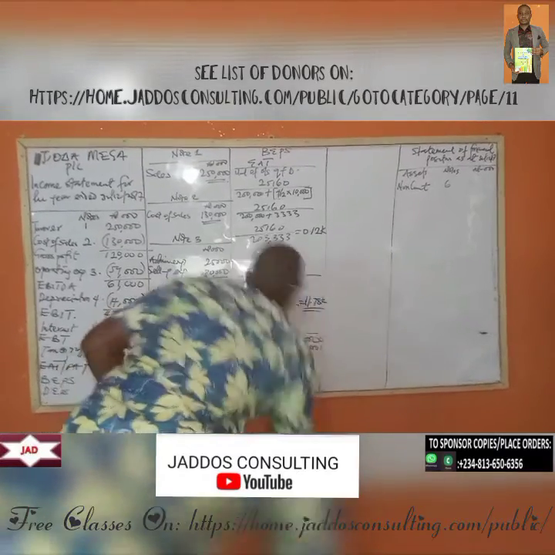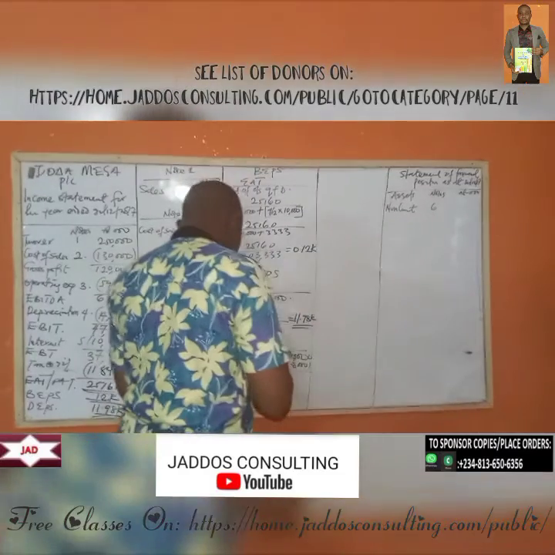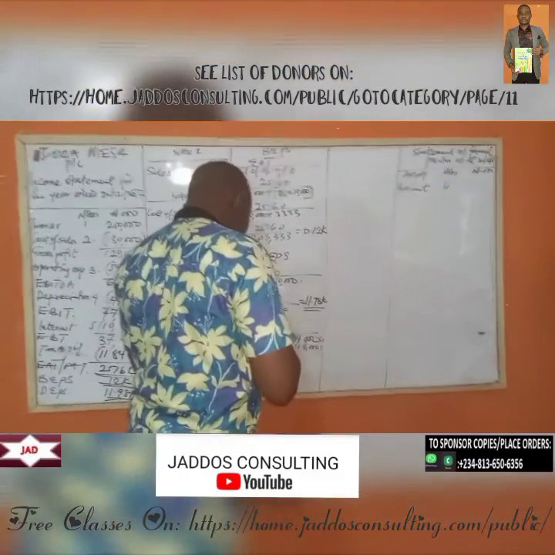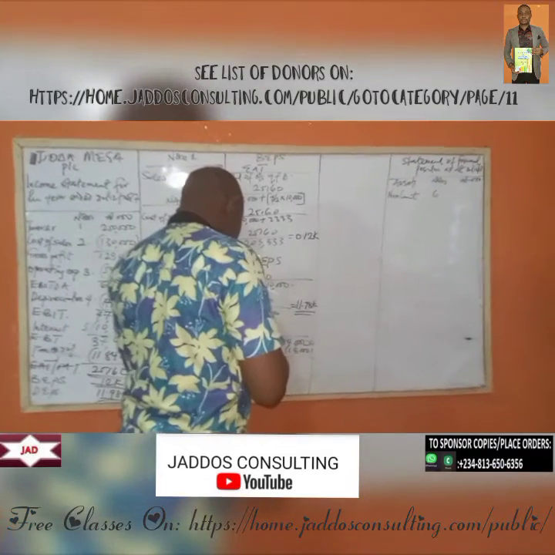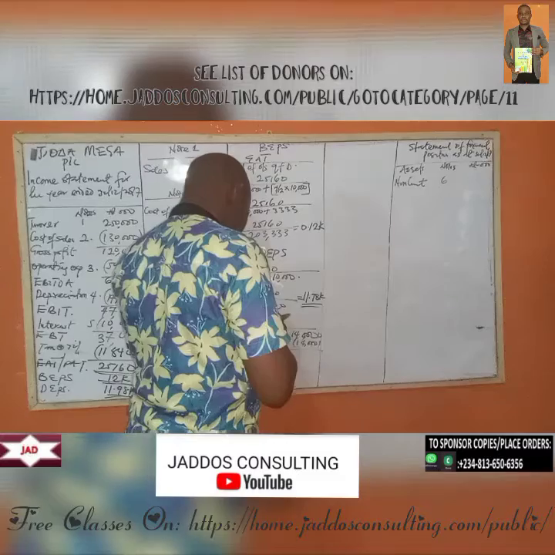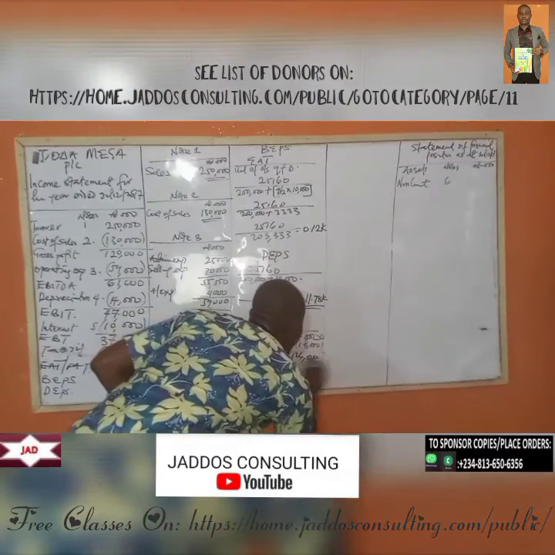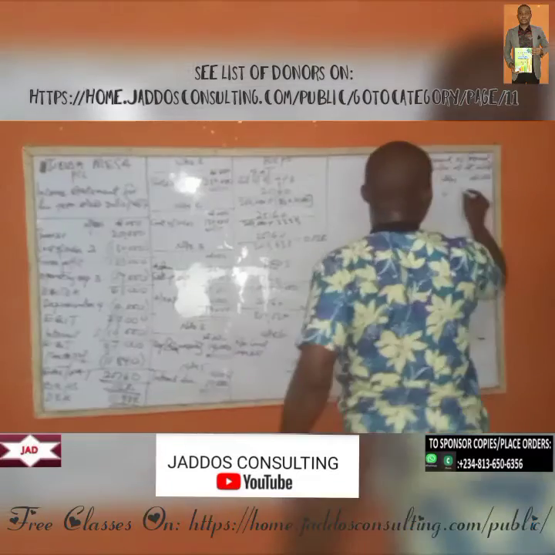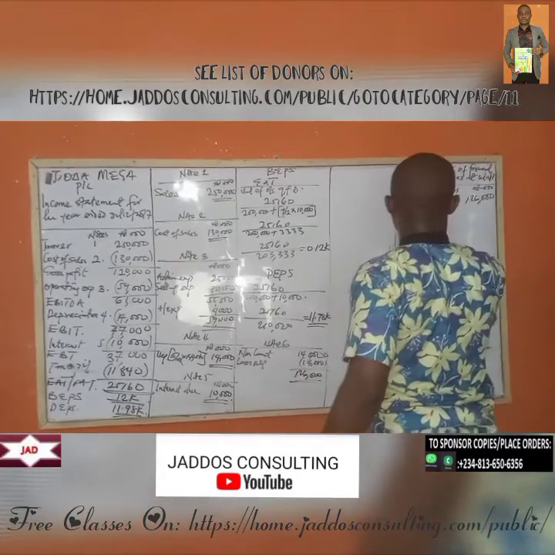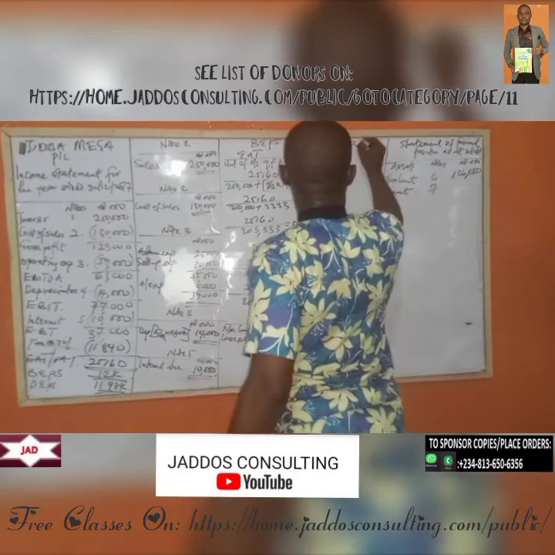So we have 140,000 minus 14,000. That's 126,000. So the next one we have current asset, note 7.